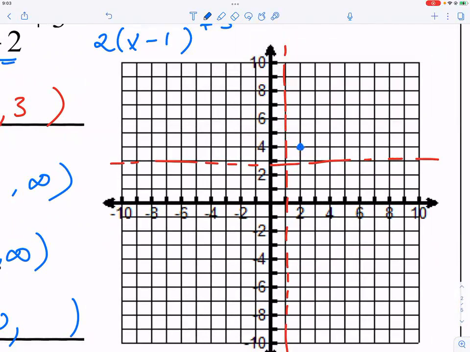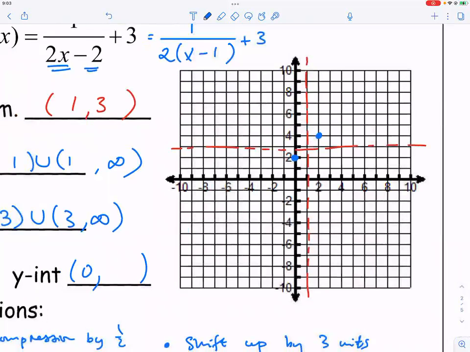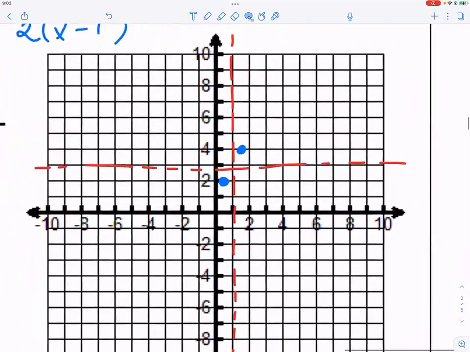Now let's talk about the graph. Originally, we have these 2 points, before any kind of stretch or compression. But we do have a horizontal compression by 1/2. So we have to move 1/2 unit closer to the asymptotes. That's how it's being compressed.